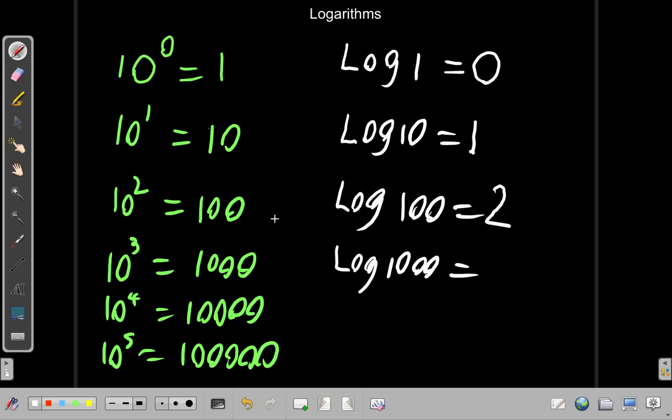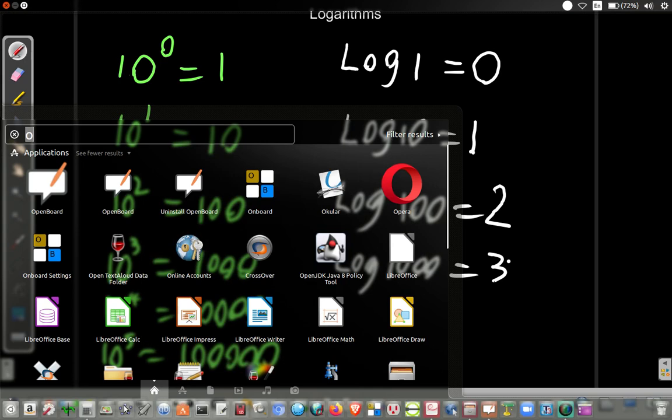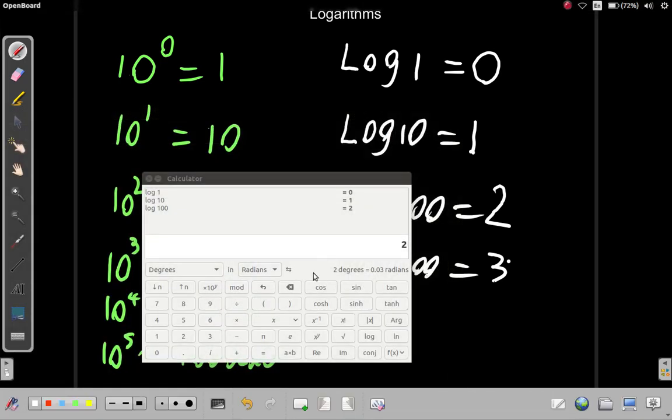Well, from looking at these patterns, log 1 is 0, log 10, that's 1 0 here, and you get 1. Log of 100, you have 2 zeros and the answer is 2. Log of 1000, you have 3 zeros. It seems as if the answer should be 3. Let's find the log of 1000 on your calculator. Log 1000 equal, we get 3. It is indeed 3.